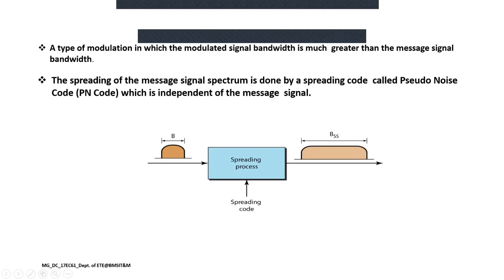Another input is the pseudo noise code, the pseudo random code, and these two are multiplied. The output of that will be the spread spectrum signal. The bandwidth of that will be much, much greater than the bandwidth of the information bearing signal.